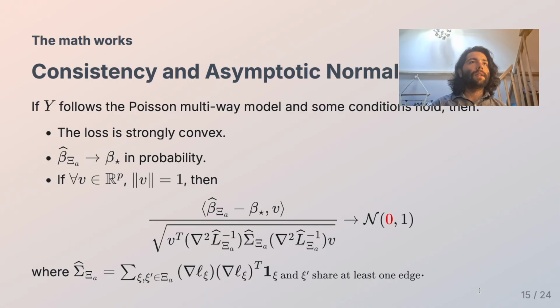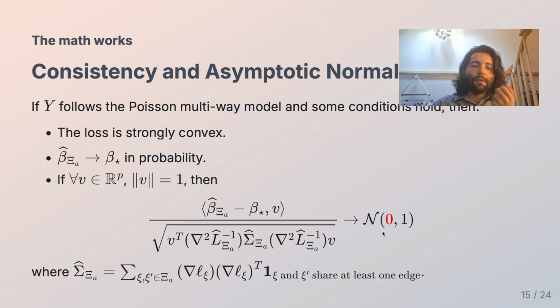Of course, the math works, meaning that, first of all, we have a very nice loss that is strongly convex and has nice convergence guarantees using Newton's method. We have consistency, and we also have asymptotic normality without bias.